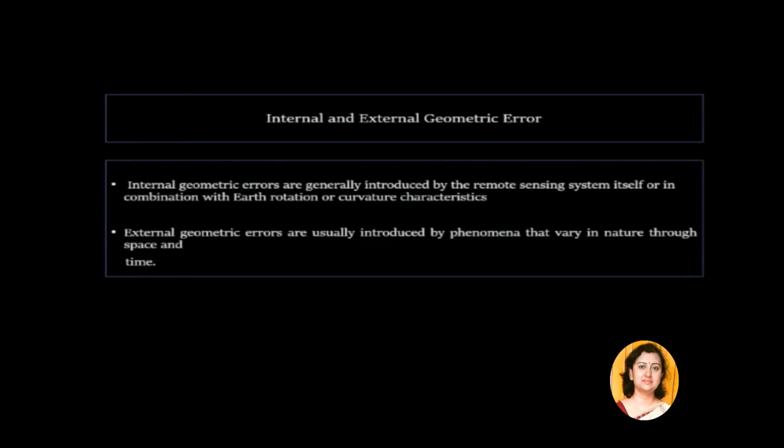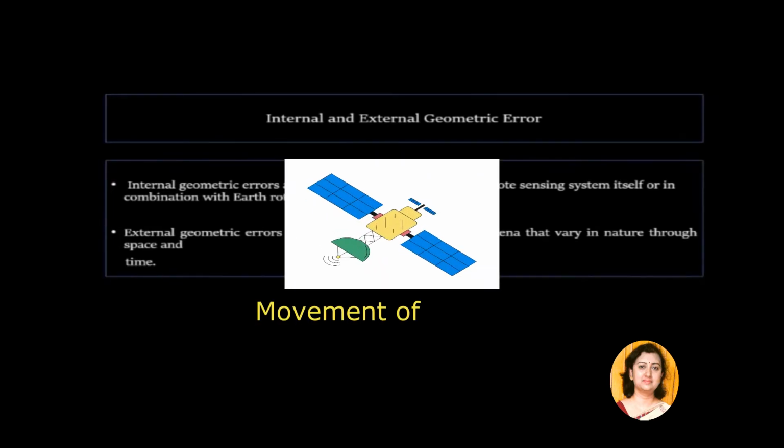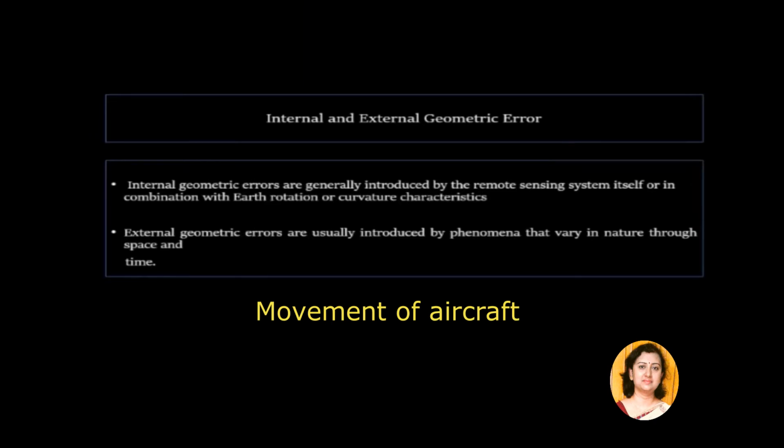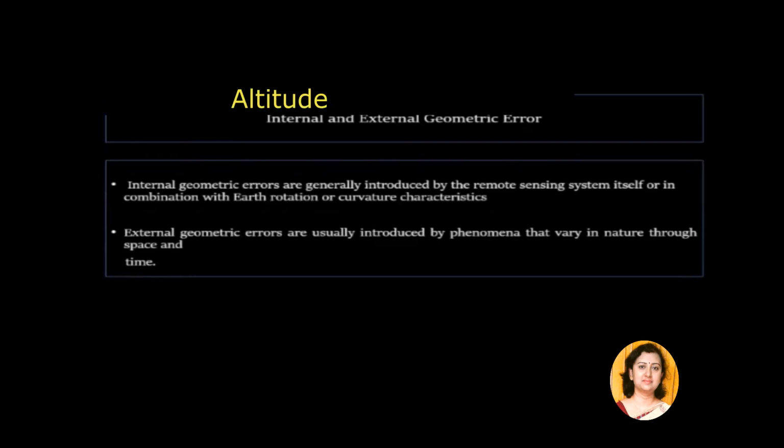This means that there are different causes of geometric error in remote sensor data due to random movements by the aircraft or the spacecraft. There may be altitude changes, there may be attitude changes at the exact time of data collection.